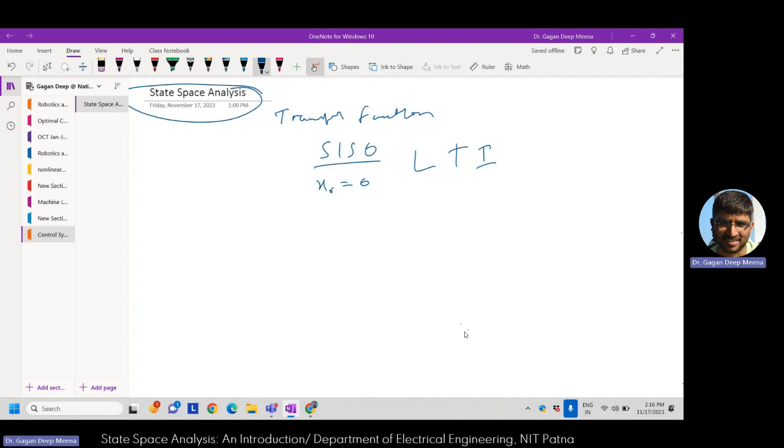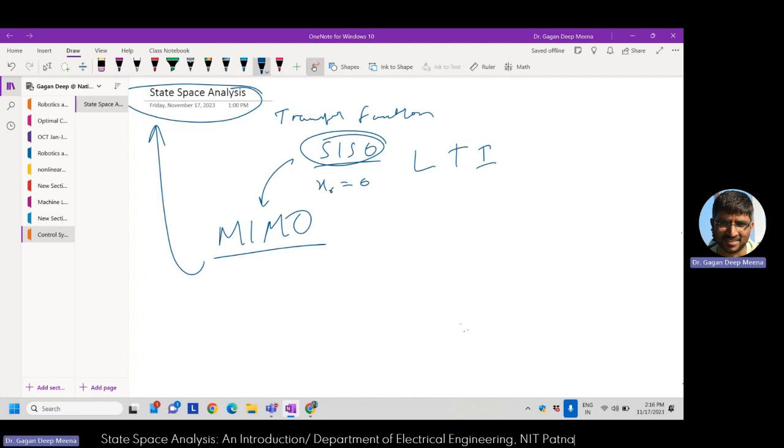So your system is no more single input, single output. It is now multiple input, multiple output. We will call it MIMO, multiple input, multiple output system. So in those cases, we have a better approach, which is known as state space representation.